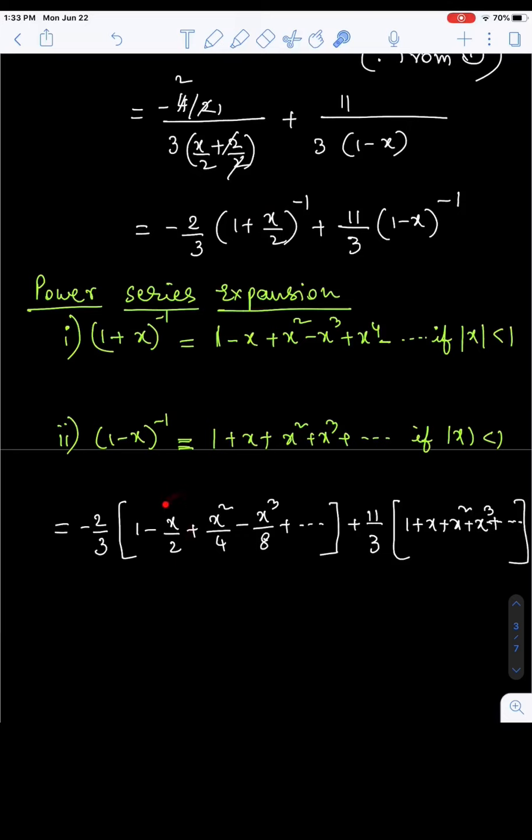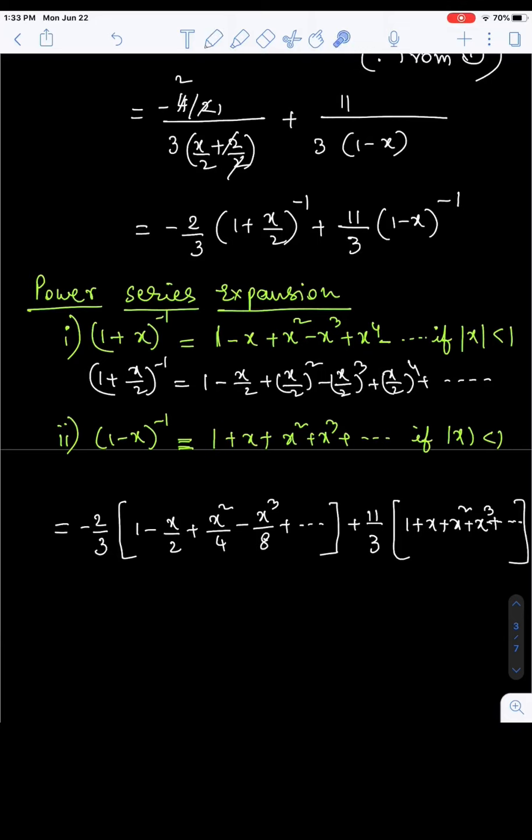Third term, x by 2 whole square. What is x by 2 whole square here? I will write clearly: 1 plus x by 2 whole power minus 1 equals 1 minus x by 2 plus x by 2 whole square minus x by 2 whole cube plus x by 2 whole power 4 and so on.